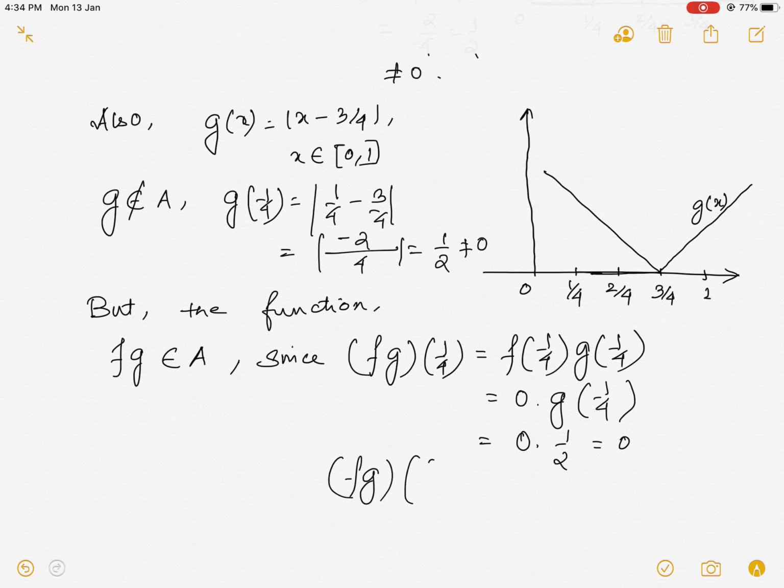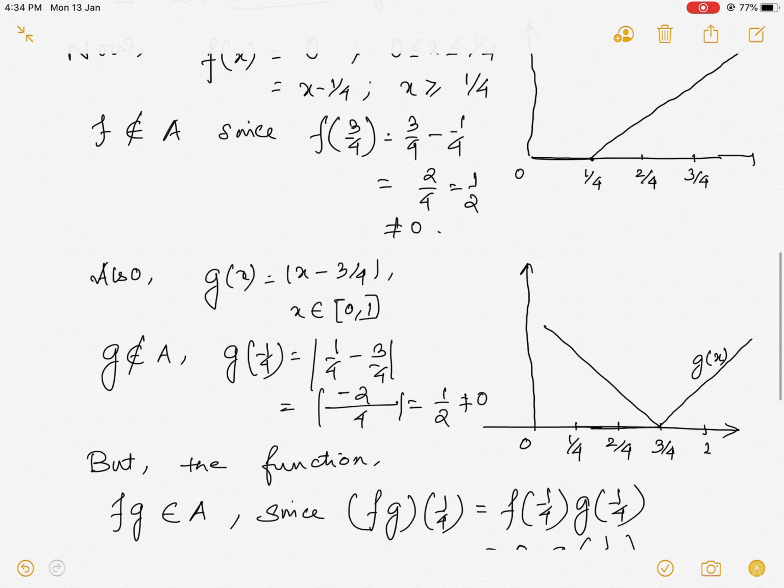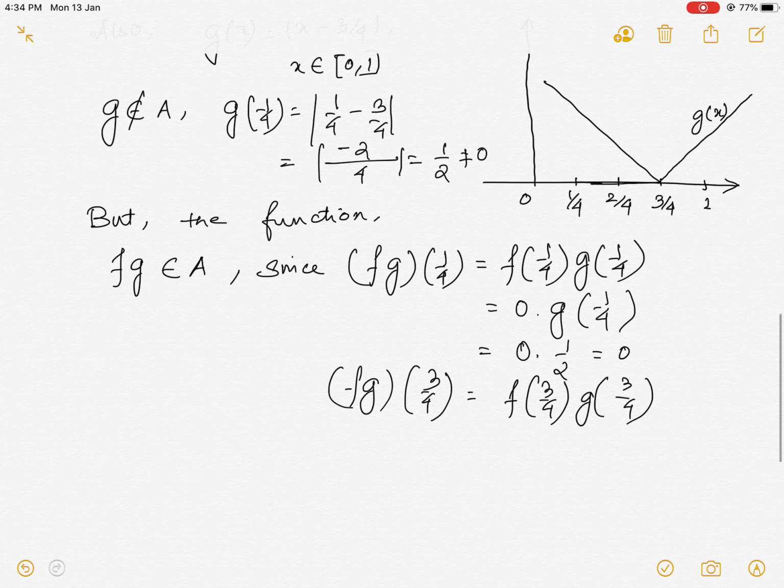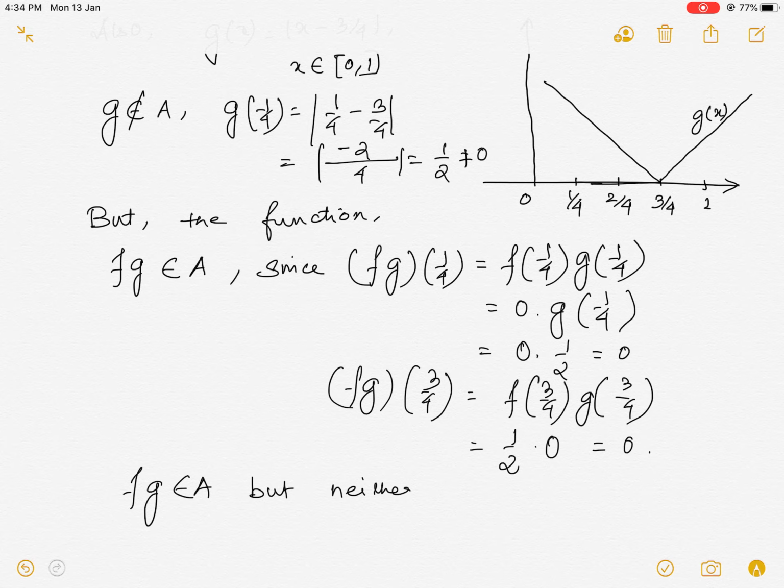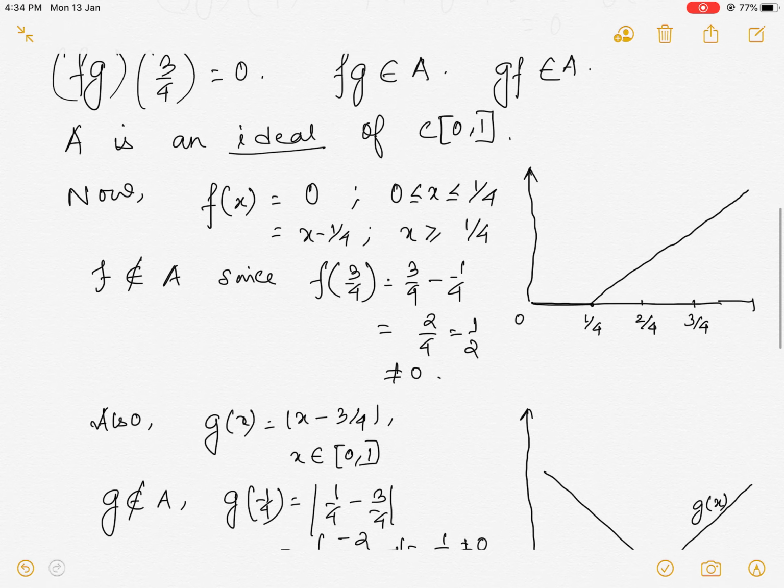Again, fg of 3 by 4 is f of 3 by 4, g of 3 by 4. F of 3 by 4 is half, g of 3 by 4 is 0, and so this is 0. Fg belongs to A, but neither f nor g belongs to A.